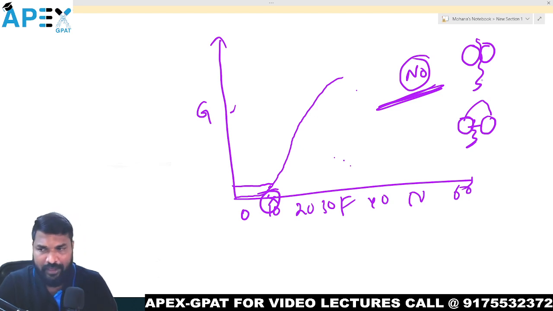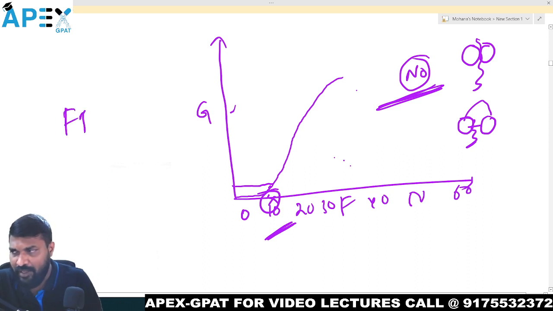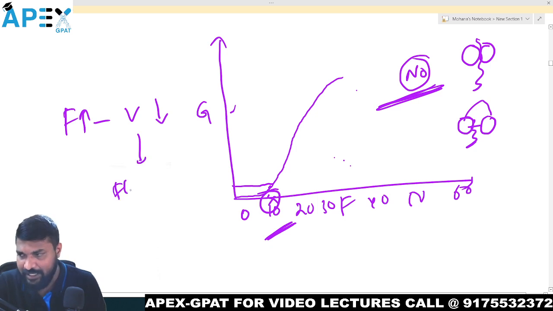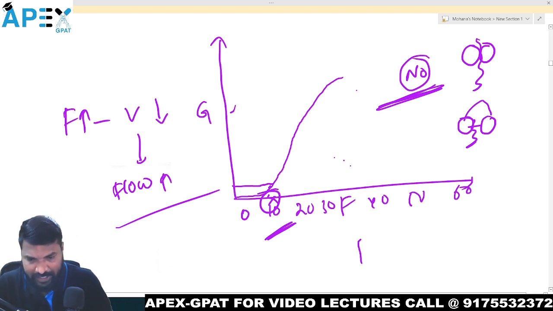But what is happening is, when you increase the shear stress, the viscosity decreases. If the viscosity decreases, the flow gradually increases. Okay? Everyone clear? So this is one type of flow that we call pseudoplastic flow.